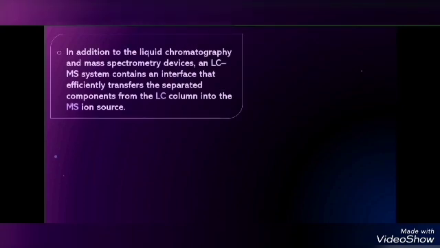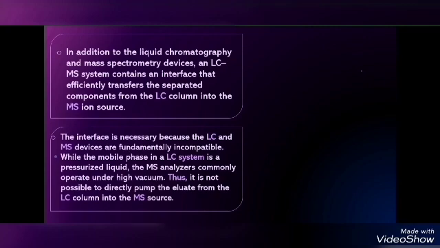In addition to the liquid chromatography and the mass spectrometry devices, an LC-MS system contains an interface that efficiently transfers the separated components from the LC column into the MS ion source.